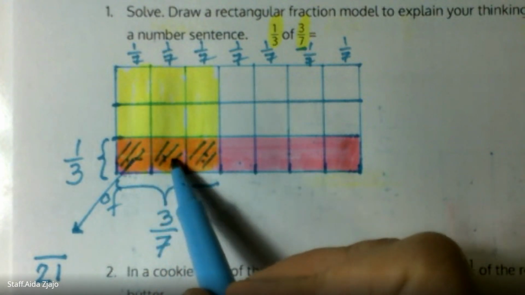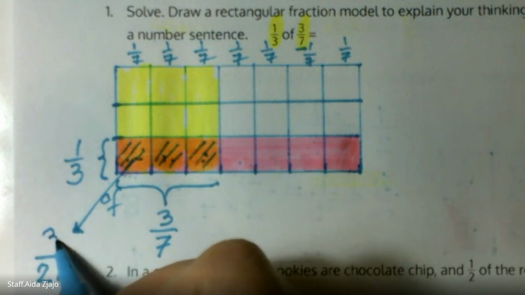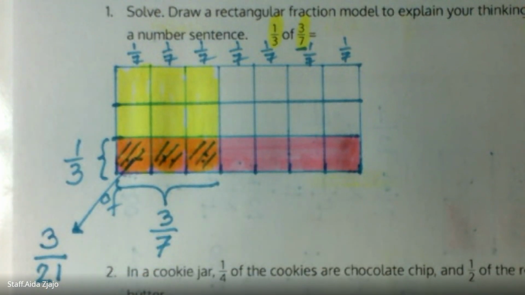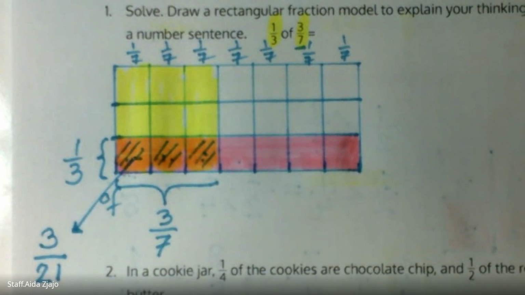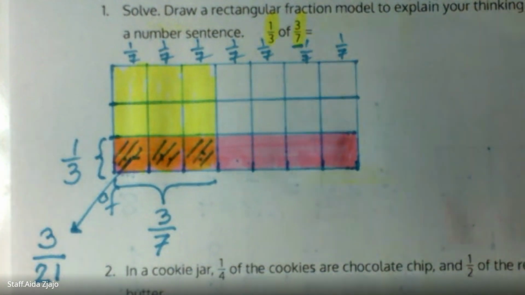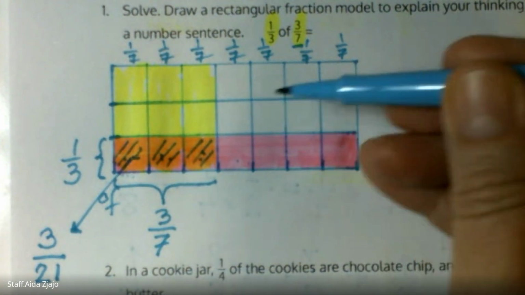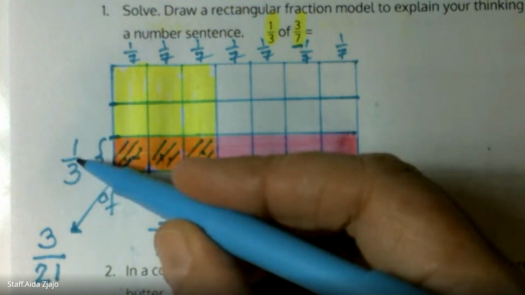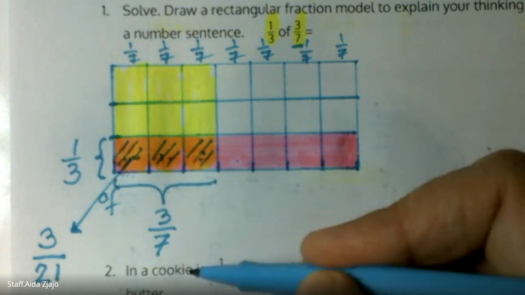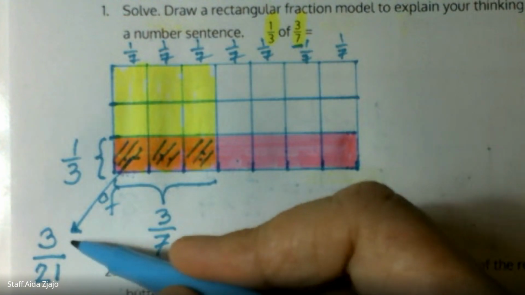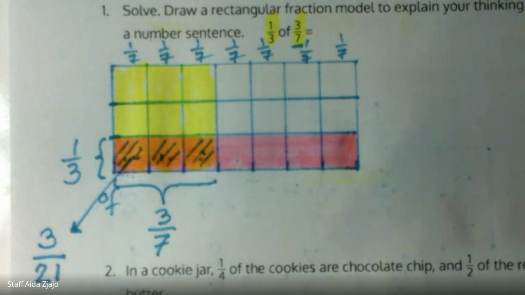They are 1, 2, 3 out of 21. So 3 21sts are my roses. So we can say 1/3 times 3/7 equals 3/21.